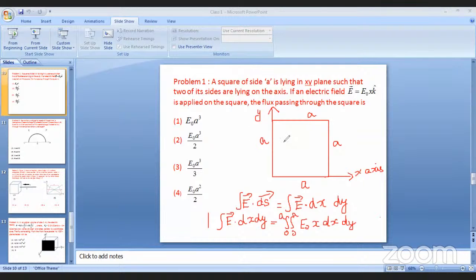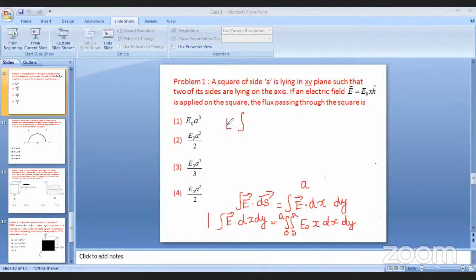So let me erase this diagram, and then I can write the remaining steps here itself, so that you will understand it easily. Continuing from here, I am taking E naught out as common.